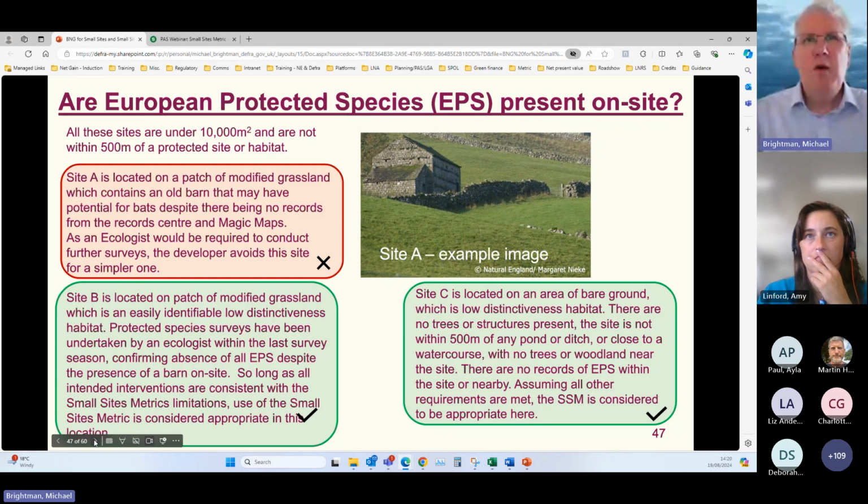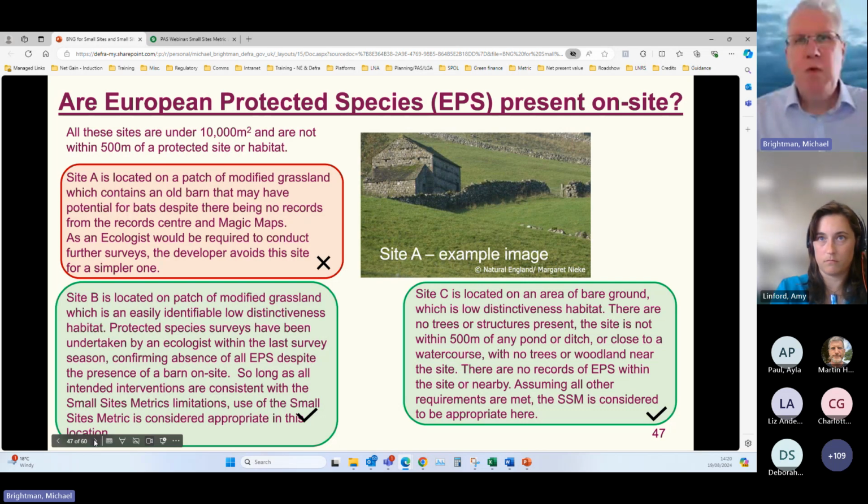Site B is on a patch of modified grassland, which is easily identifiable. It's a low distinctiveness habitat, and protected species surveys have been undertaken within the last survey season by an ecologist, and that survey has confirmed no presence of European protected species, even though there's an old barn on site. So again, if all of the criteria are met, the small sites metric could be used.